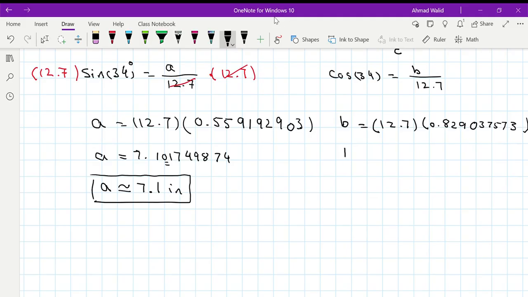It means your b is equal to 10.52, and you can round off to 10.5, correct? Inches.